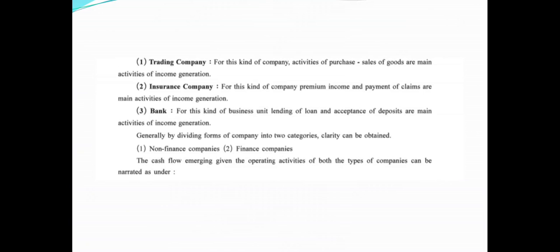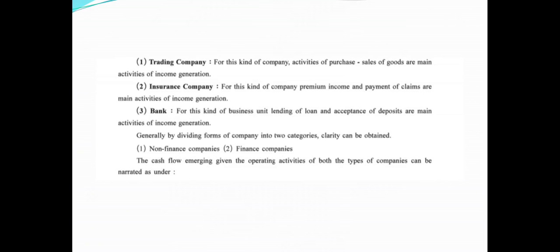So for such companies, premium income and payment of claims are the main activities of income generation. If it is a bank, lending of loans and acceptance of deposits are the main activities of income generation.